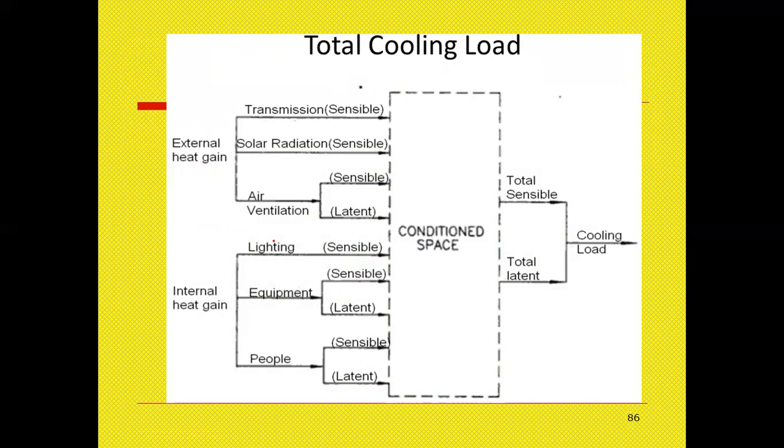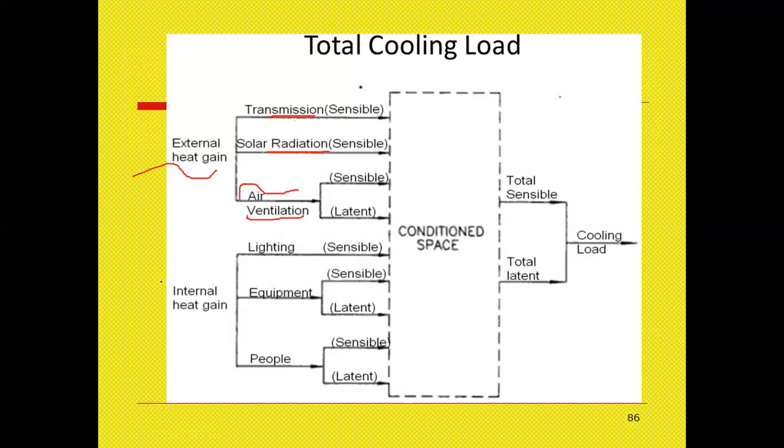In the external heat gain process, we have the transmission, that is sensible heat. We have the solar radiation, that is sensible heat. We have the air, that is sensible, and ventilation, that is latent heat.